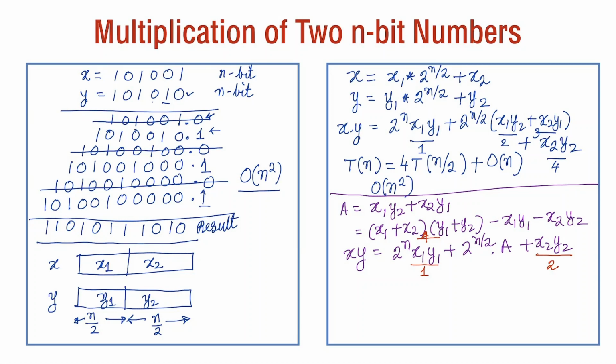Within a, we have replaced the 2 multiplications of a by 1 multiplication, and the other multiplications of x1 y1 and x2 y2 are already multiplications which we will create, and by memoization we will reuse.